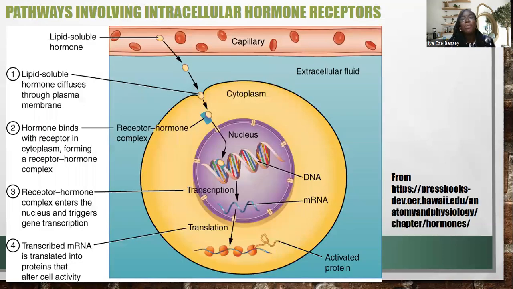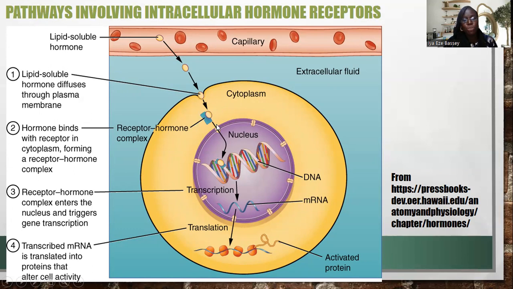So this is a pictorial form of all that I have said. You can see the lipid-soluble molecule going through the lipid bilayer, the capillary tube, okay, into the ECF, crossing the cytoplasm. So once it diffuses through the plasma membrane, it now binds to a receptor. You can see that. And when the hormone binds with the receptor in the cytoplasm, it forms what is called a receptor hormone complex.